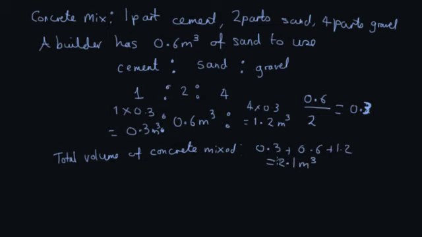In the example above, the concrete was combined in 1 to 2 to 4. So this here is the standard notation for writing ratios, and it acts very much like a fraction, and we can think of ratios in the same way that we would a fraction.